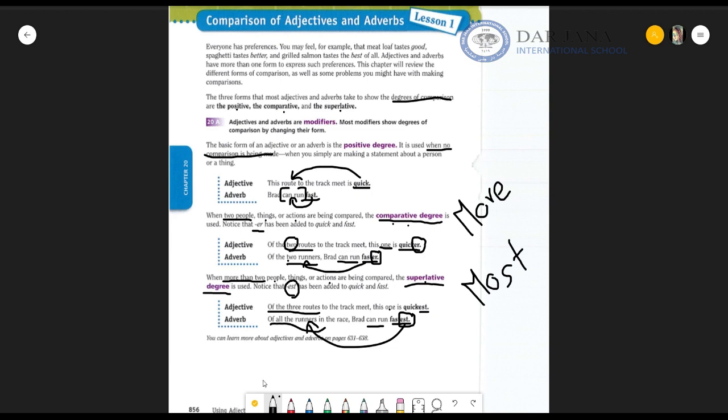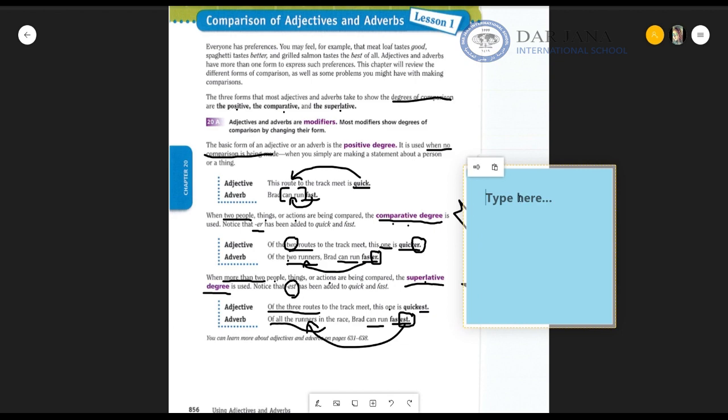So if I want to add a little note, I can say that I have 3 degrees of comparison, the first one being positive, where no comparison is made.